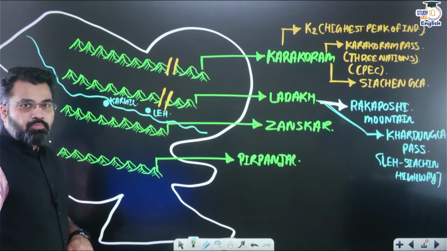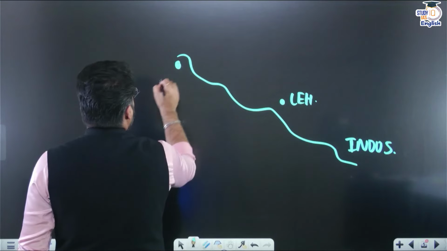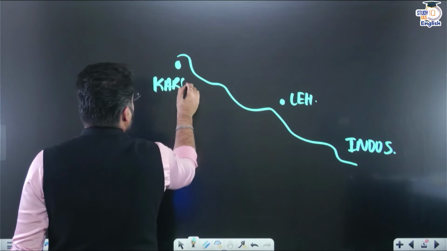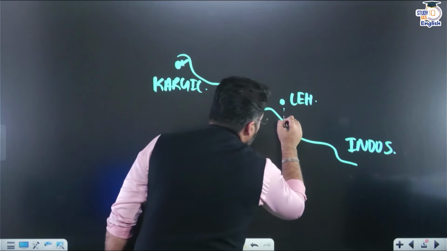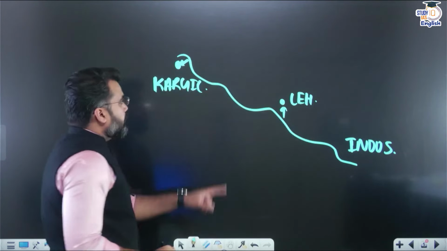Let me repeat that part. You can see this is Indus. You will find this side is Leh, and this is Kargil. So Kargil is on one side of Indus and Leh on the other, but if you compare Leh and Kargil with each other, Kargil is in the northern part and Leh is in the southern part.